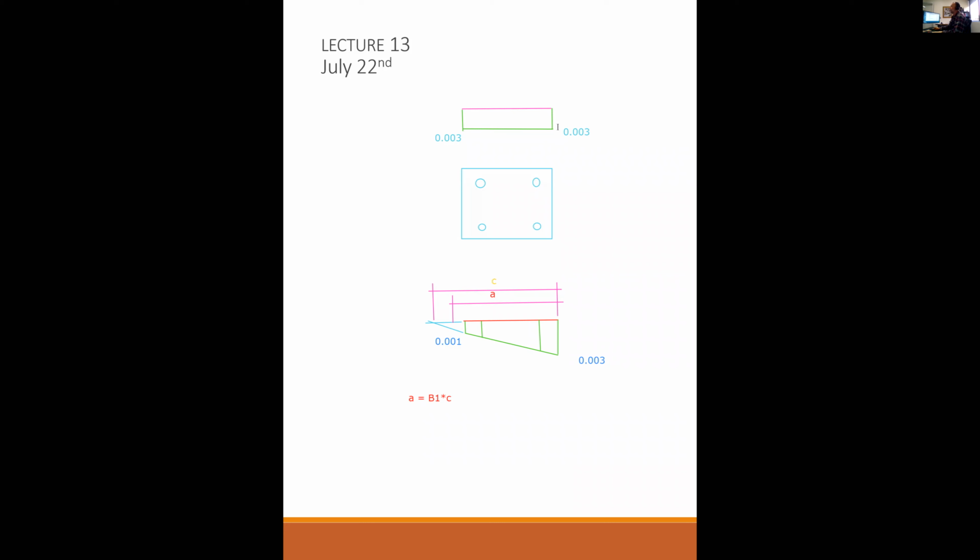If the strain is 0.003 here, and the strain is 0.003 here, then if I stretch this off to the side, how far is little c? It's infinite. Thank you. That's absolutely right.